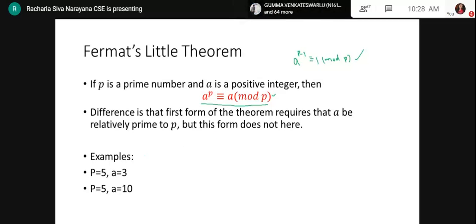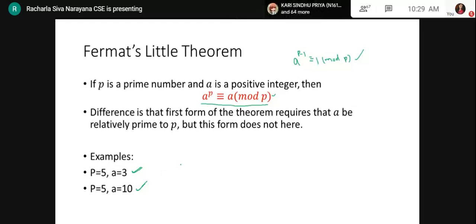Example: if p is 5 and a is 3, both are relatively prime. Here 5 and 10 are not relatively prime, but they both follow Fermat's little theorem.